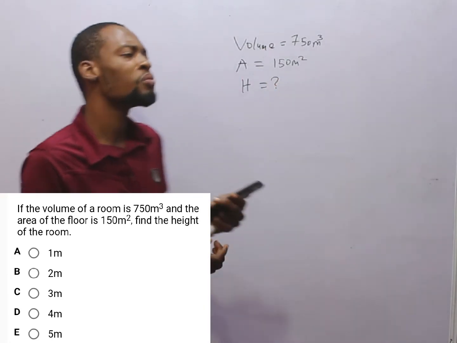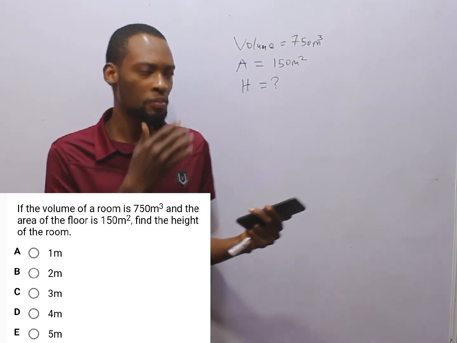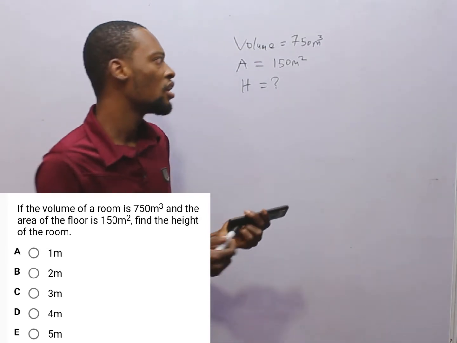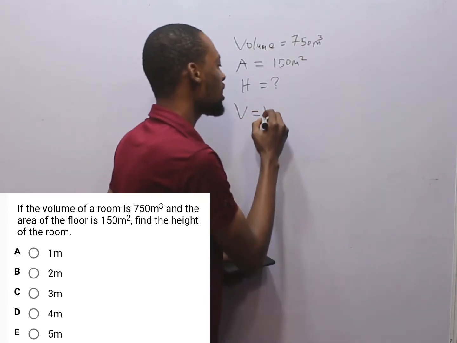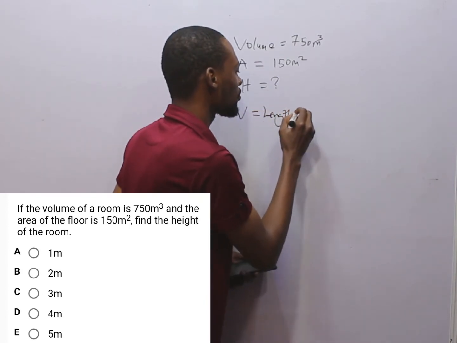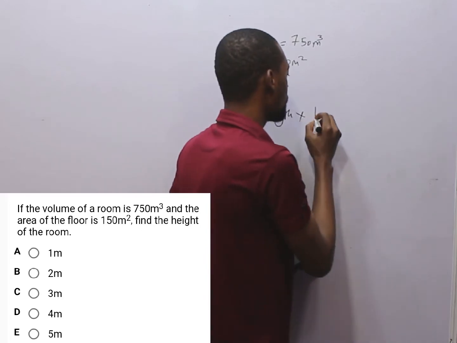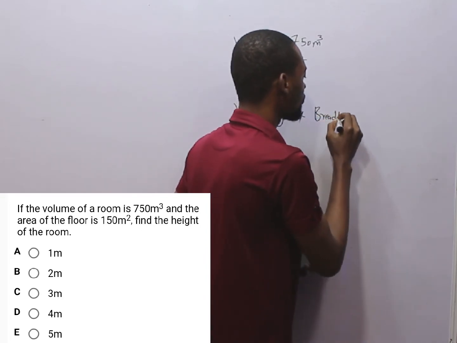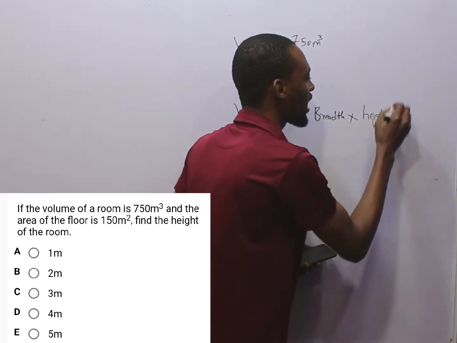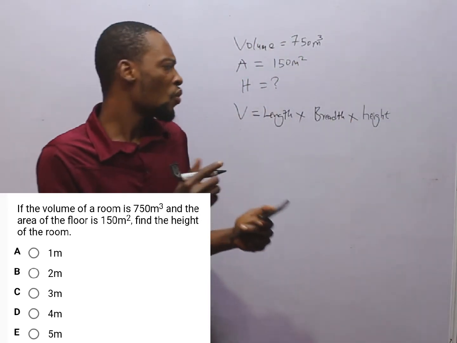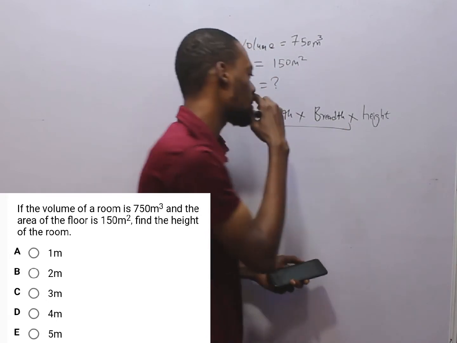When you are given a room and you are asked to look for volume, what is volume? Volume V is equal to length times breadth times height. Now, what is length times breadth?